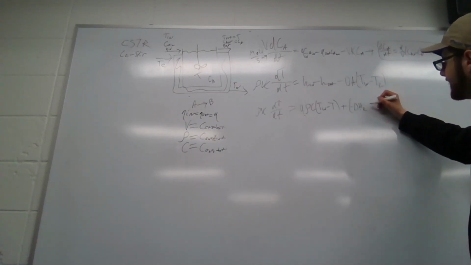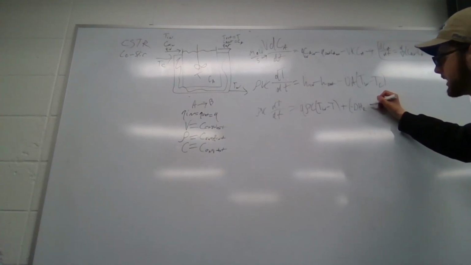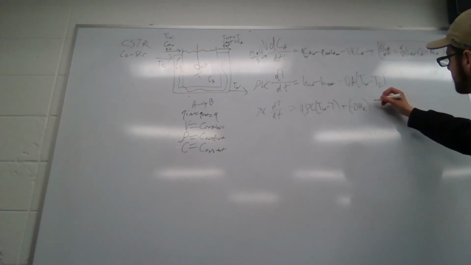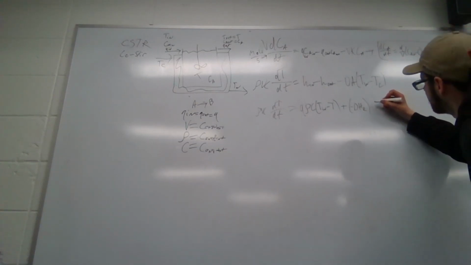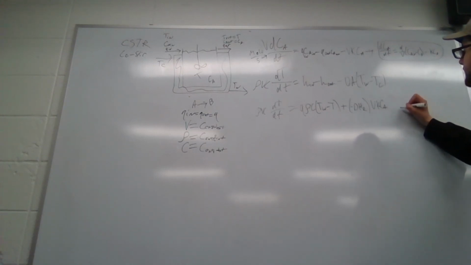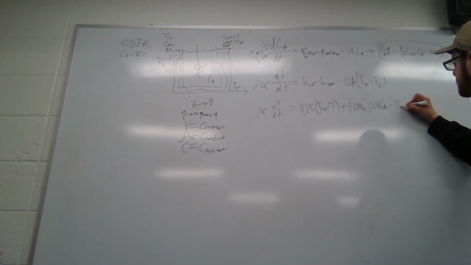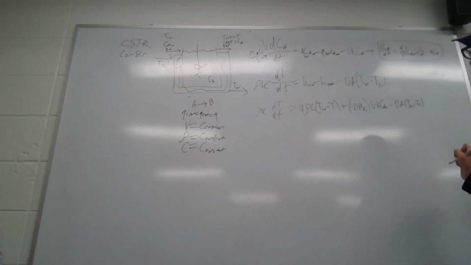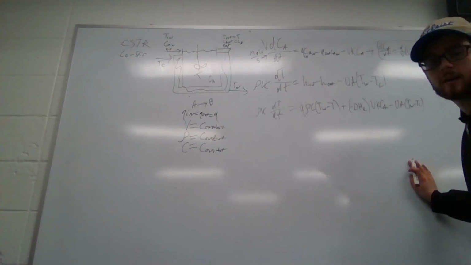And since you have that, you also have to multiply it by the volume that is reacted, so V K CA. And again, we're just going to go minus UA times TW minus TC. So there's that for now.